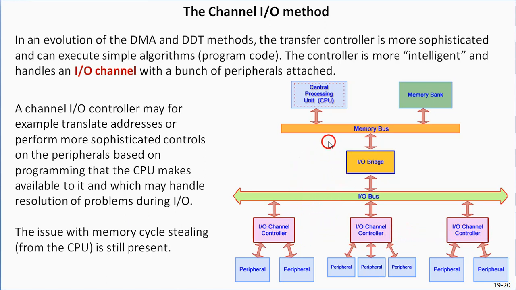The bus system then can be arranged so that the CPU can access the memory while the controllers of the I/O channels can transfer data in a separate I/O bus.